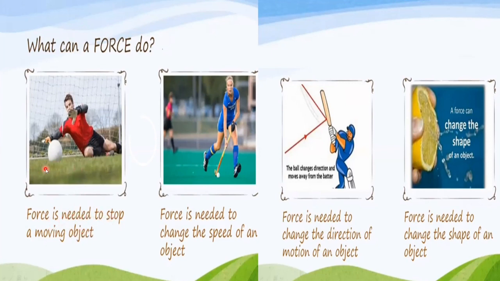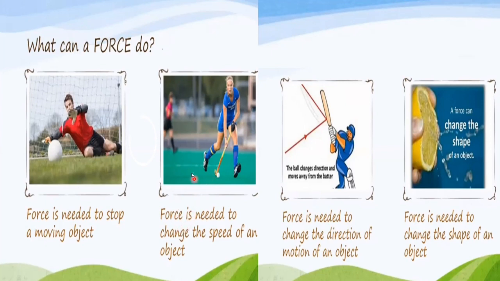In this example, we are observing that the force is necessary to stop a moving object. In the second situation, here a hockey player is trying to move the ball with the help of a hockey stick. If the stick does not come in contact with the ball, the ball will not move. If the ball was at rest, we need to apply force in order to move the ball.